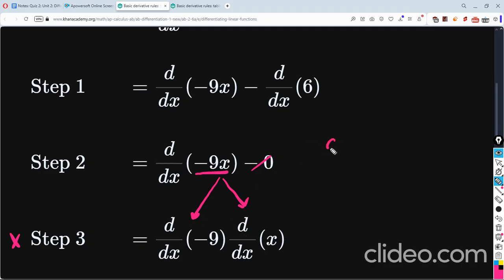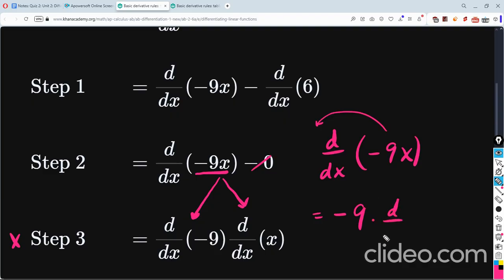If you want to do the derivative with respect to x of negative 9x, and really that's just negative 9, but if you want to break this up, what you would do is take the 9 and move it out front, because the constant's going to be the same anyhow.